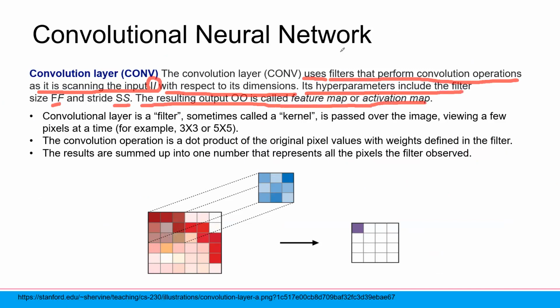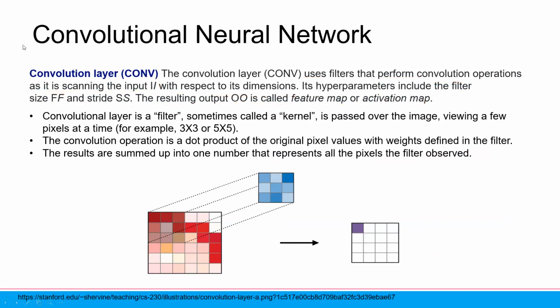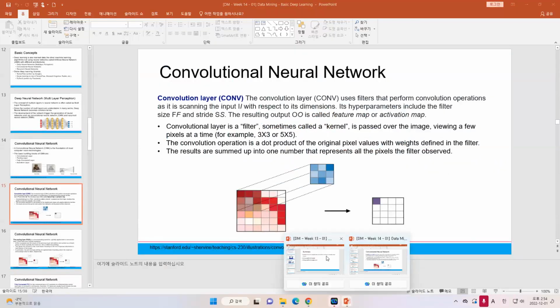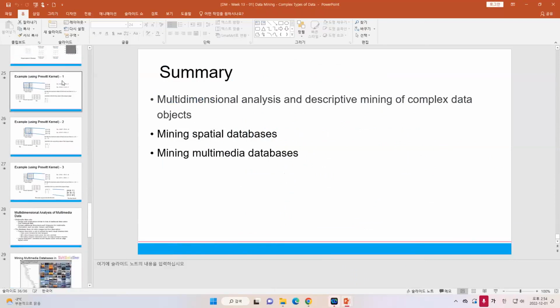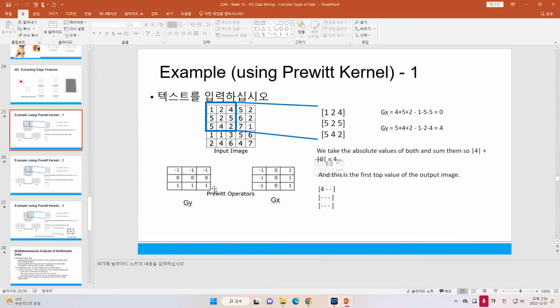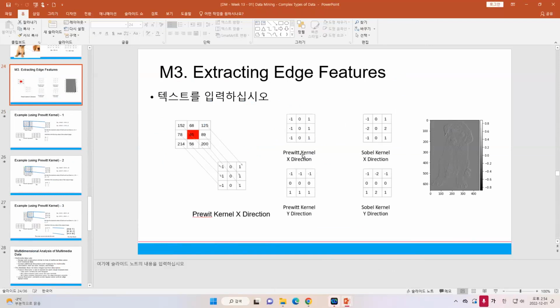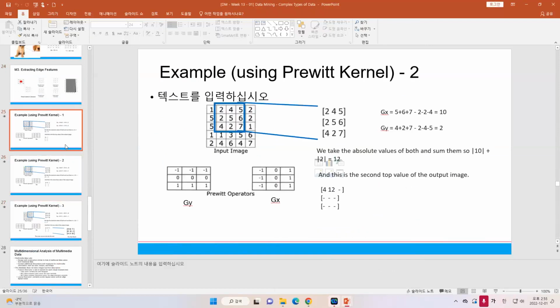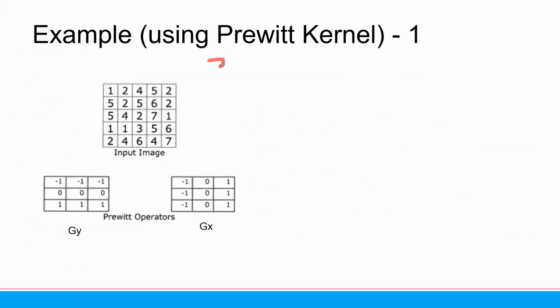Okay, maybe it is difficult for you to understand. If you still remember the Prewitt kernel, or the Prewitt operators, the example here uses 3 multiplied by 3, and the input is 5 multiplied by 5.